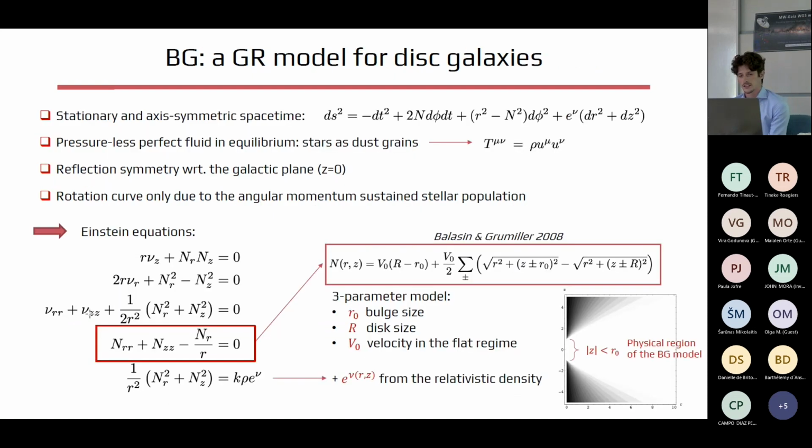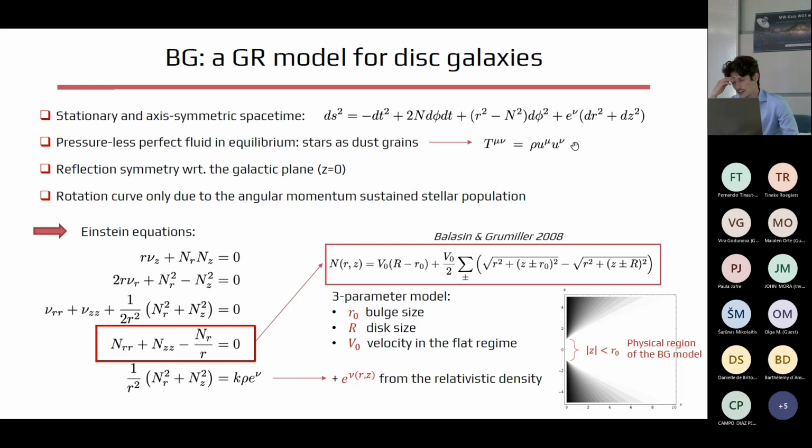Here, the underlying general relativistic model comes from the work of Balasin and Grumiller and starts from a stationary and axisymmetric space-time with a reflection symmetry with respect to the galactic plane, where the stress-energy tensor is the one given by a pressureless perfect fluid.